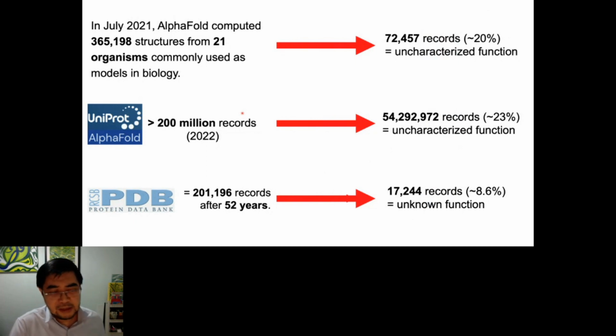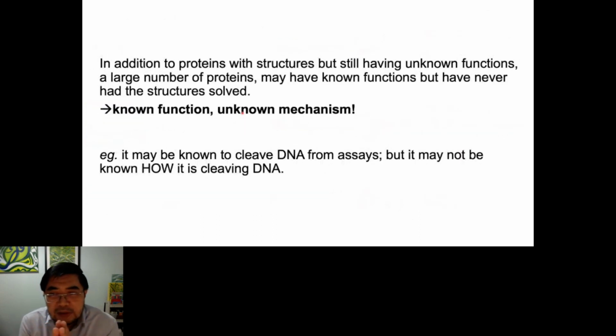Now, in the PDB, after 52 years, we have 200,000 structures, of which about 17,000, or around 9%, have unknown function. In addition to proteins with structures that have unknown functions, a large number of proteins may have known functions but have never had the structure solved.